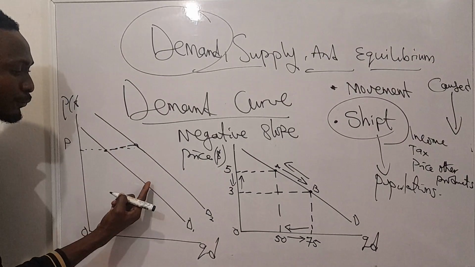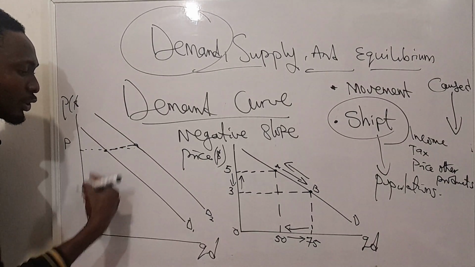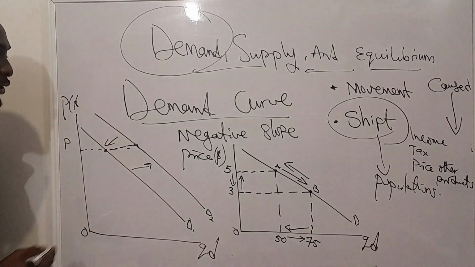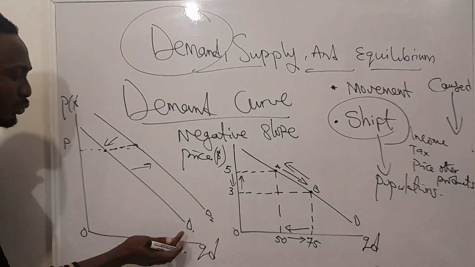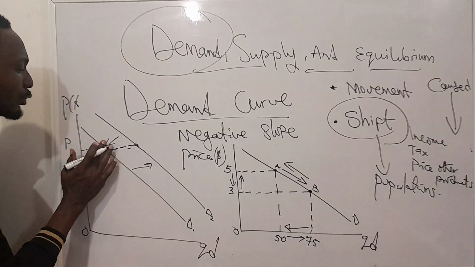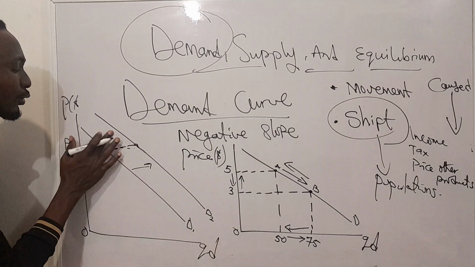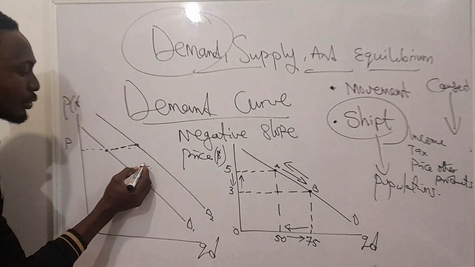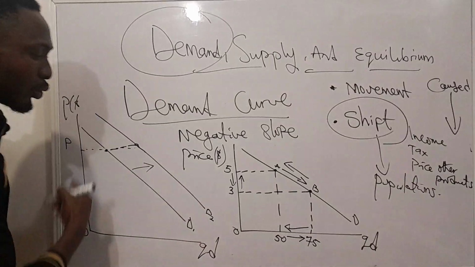Okay, it shifts from one point to the other. It can go upward or it can come back downward. So let's assume this is set from D1 down to D2. So let's assume that the demand curve moves or shifts to the right or upward.